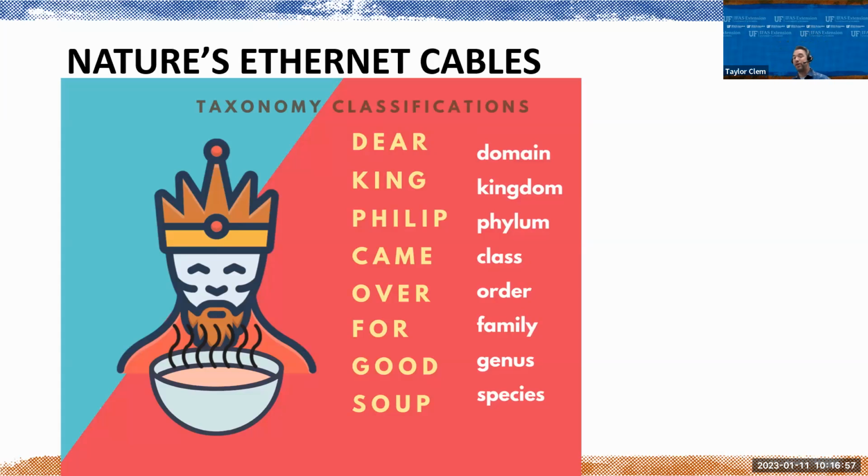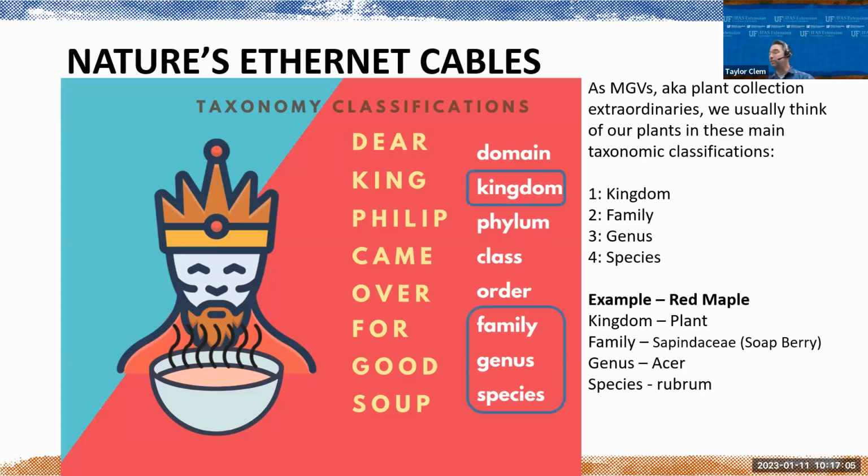So you all remember Dear King Philip Came Over For Good Soup, well, you probably learned another way. As plant nerds, MGVs, plant enthusiasts, whatever you might want to say, we usually stick within these taxonomic classifications where we're in the plant kingdom, and then we talk about the plant families and then genus and species.